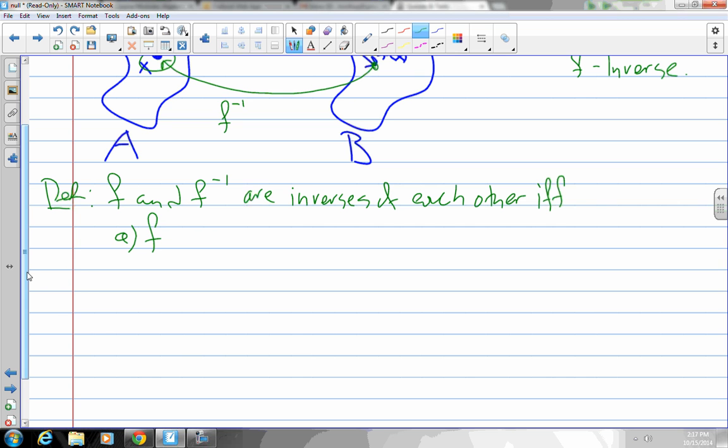If you take the composition f of f inverse, you get x. And if you take the composition the other way, you also get x. So the composition of both functions results in x every time. If that happens, the two functions are inverses of each other.